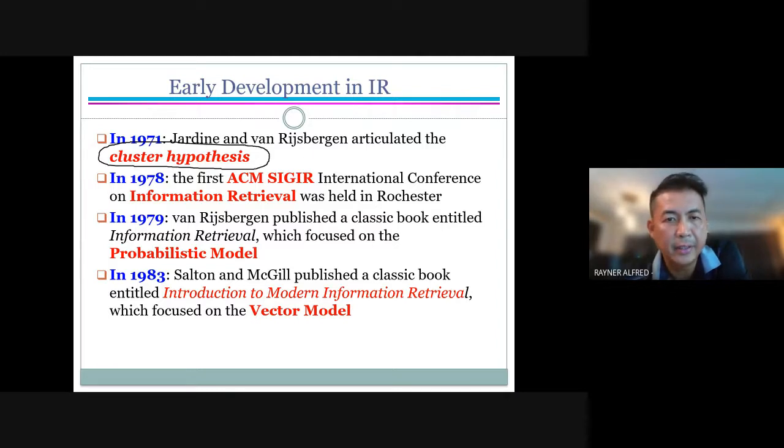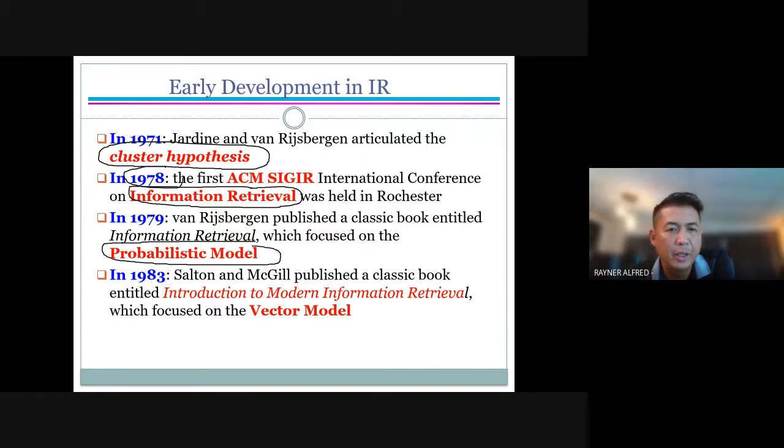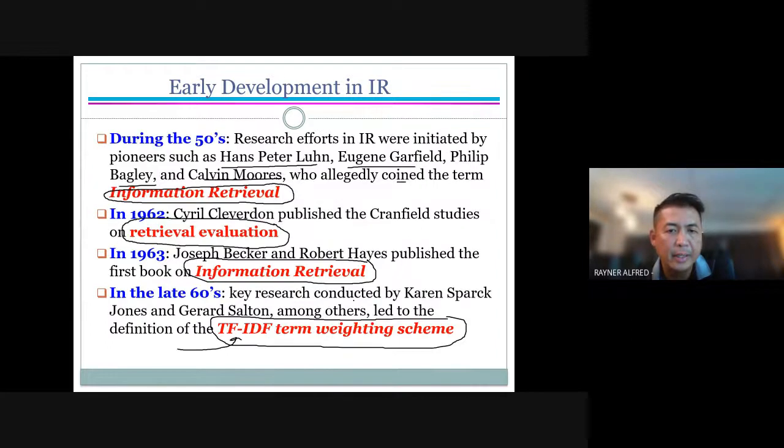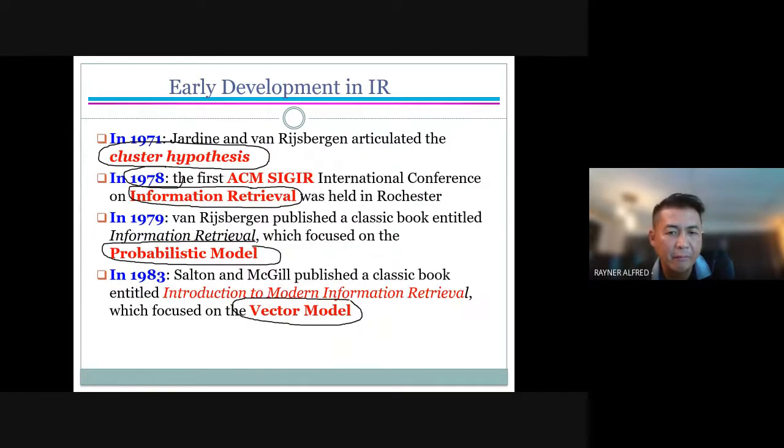And then the first ACM SIGIR conference, dealing with information retrieval, was organized in 1978, 79. This book was published. And then in 83, Salton upgraded the previously proposed technique, which is this one, TF-IDF, to become a vector model, and they have this book.